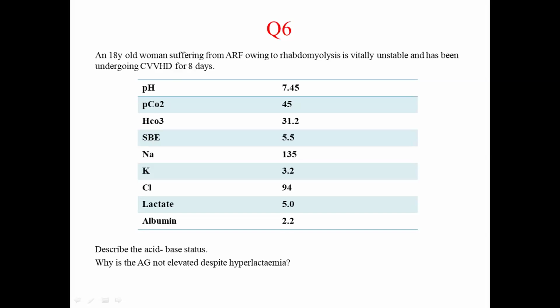Corrected anion gap was 14.5. Jaideep, why did you do a corrected anion gap? What did you correct here? Albumin 2.2. Okay. So for every one decrease in albumin from 4, what should be the factor? 2.5 factor. Perfect.